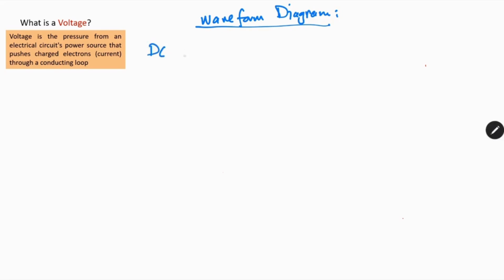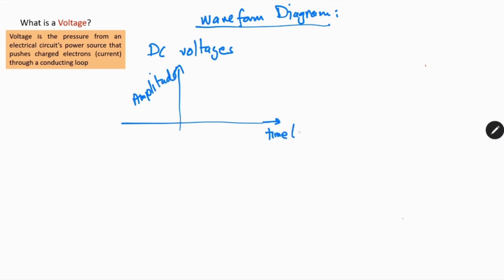For the DC voltages, we can see the waveform in terms of its graphical representation, where we have the amplitude with respect to the time in seconds. So the amplitude is in terms of the voltage.